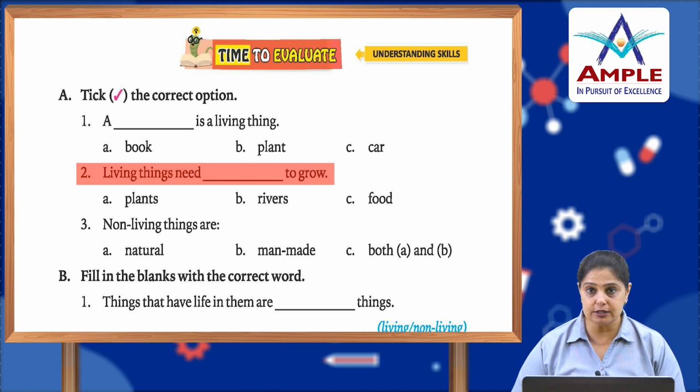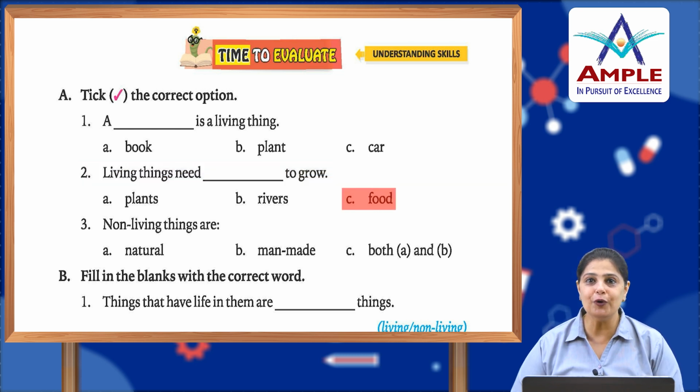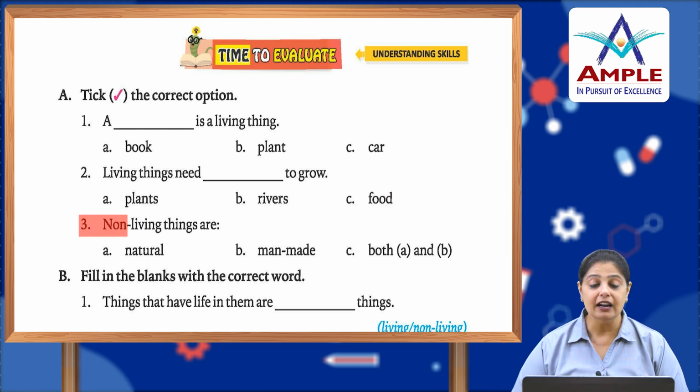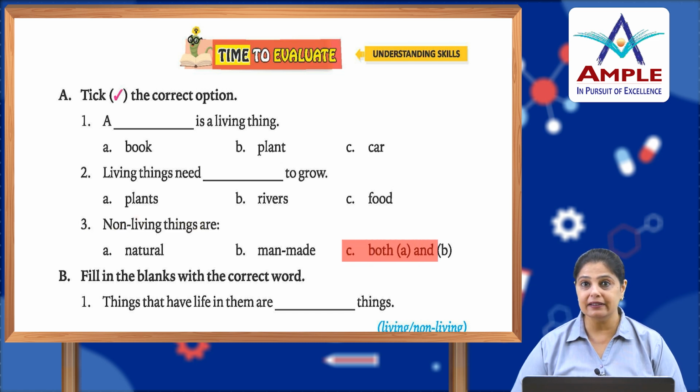Do they need plants to grow, rivers to grow or food? What do we need in order to grow? We need food. Absolutely right. Third one, non-living things are natural, man-made or both. A and B, they are both. Okay, they are natural as well as they are man-made.